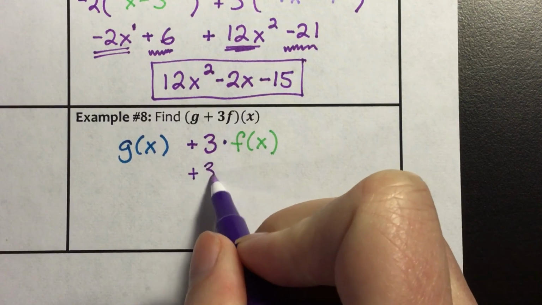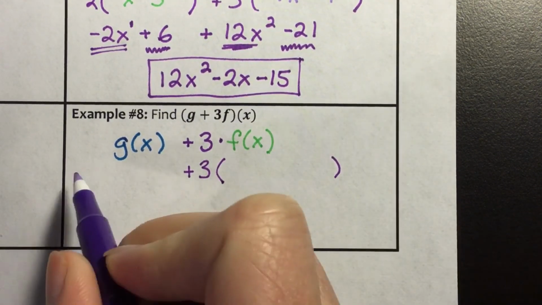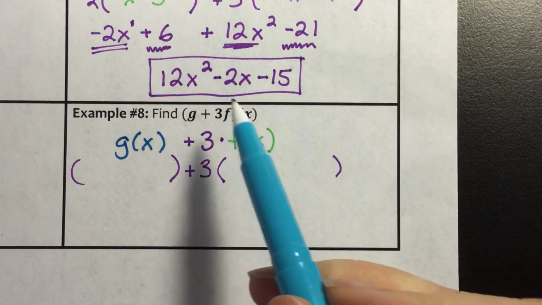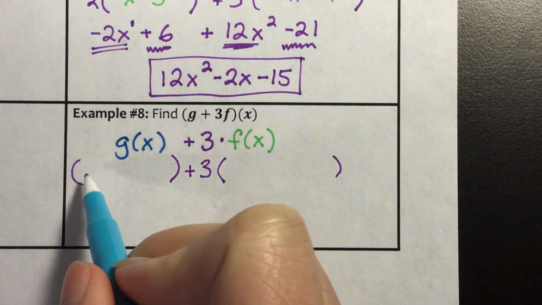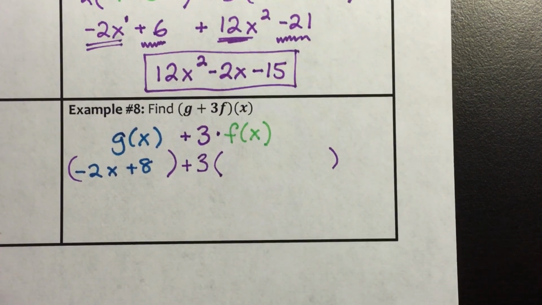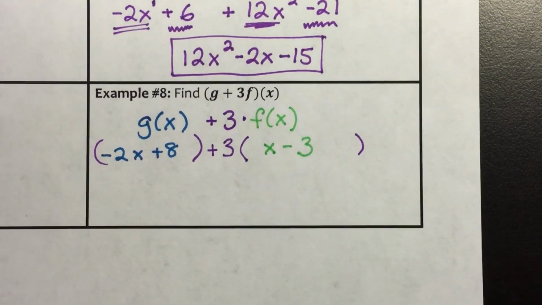So this is a lot like example 6. We are not actually going to be able to use the calculator on this because we have x's that are still going to be in our answers. All right, g of x is negative 2x plus 8. F of x is x minus 3. Okay, so this is a distribute and simplify type problem.